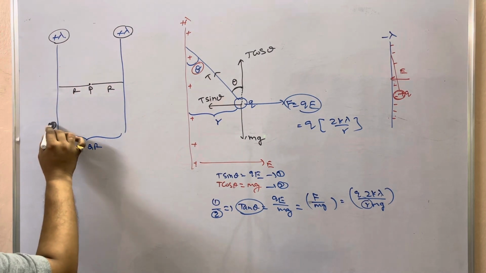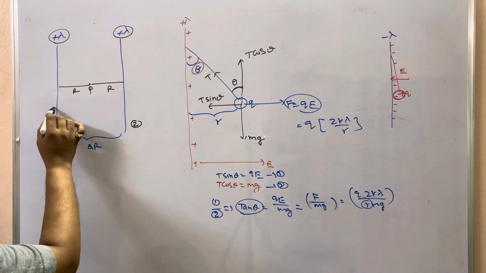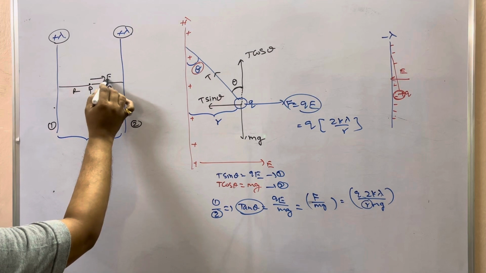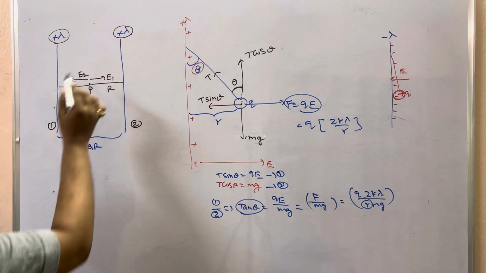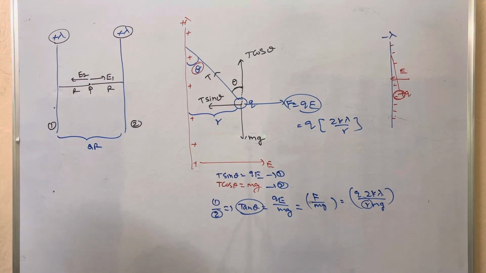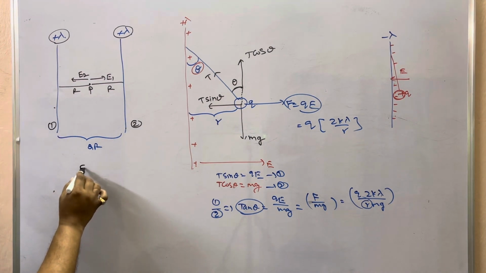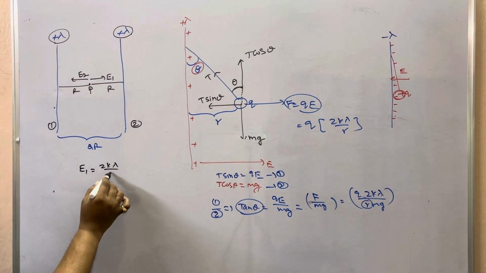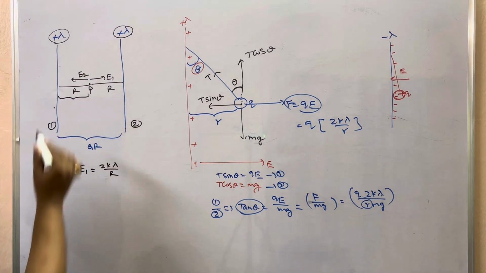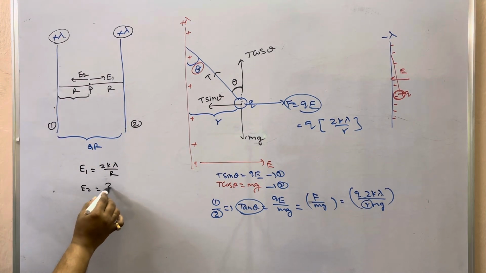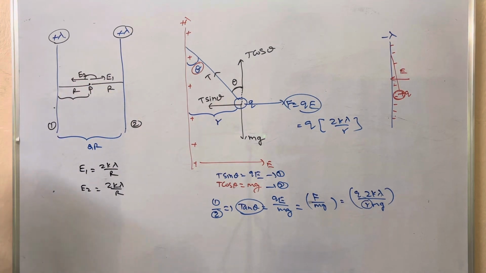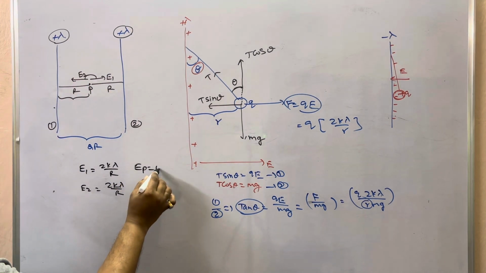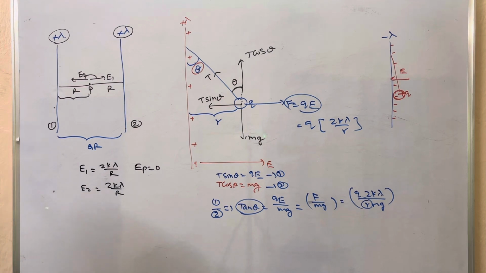Because of the left wire, the electric field intensity is away. Because of the right wire also, the electric field intensity is away. Therefore, how much resultant are you going to get? E1 is 2k lambda by R, and E2 is also 2k lambda by R. Both are equal and opposite, therefore the resultant electric field intensity will be 0.